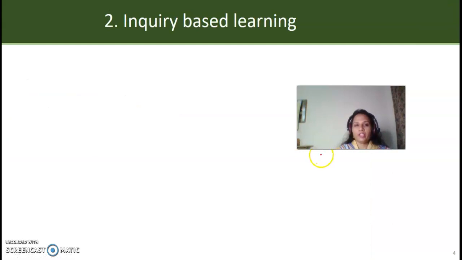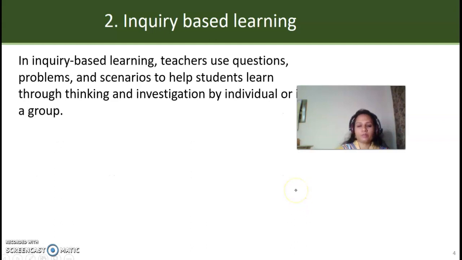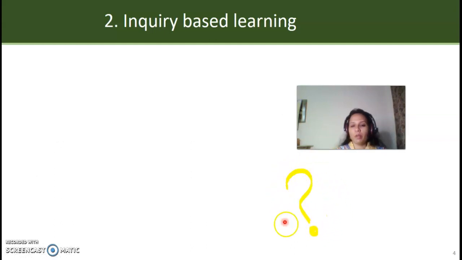Well, the second teaching strategy is inquiry-based learning. What is inquiry? Here you can see a big question mark. As you know, inquiry means asking, trying to know, or questioning.